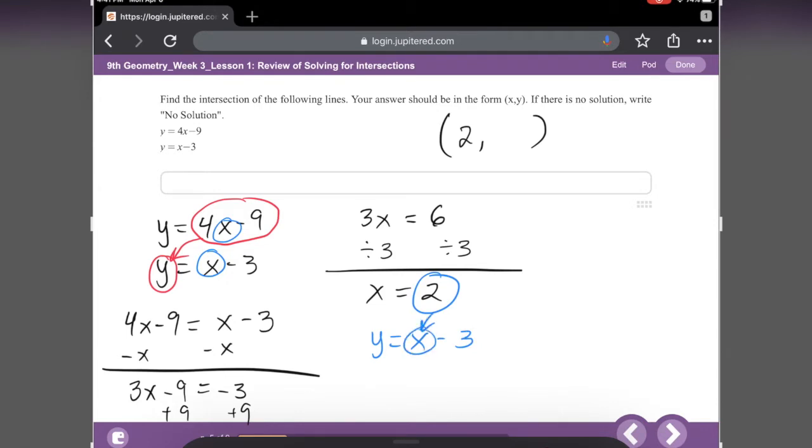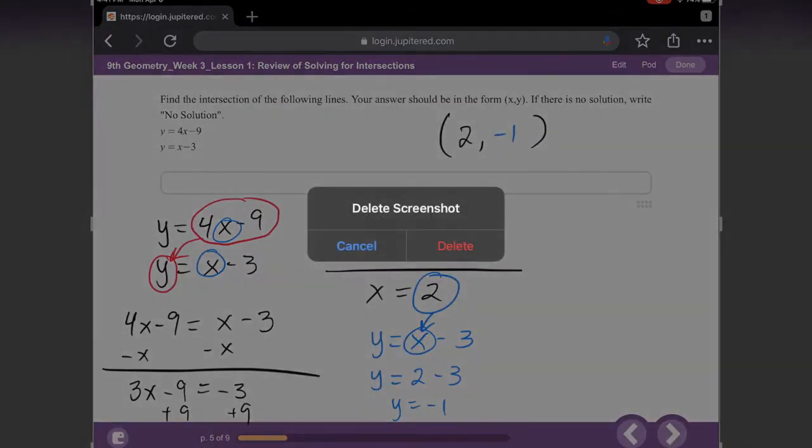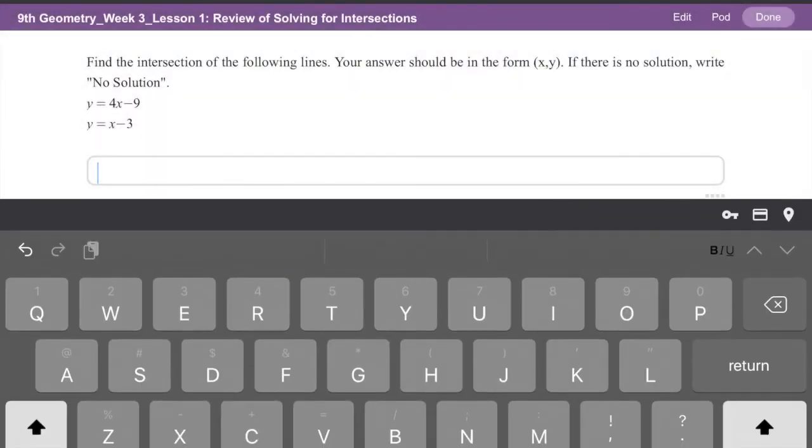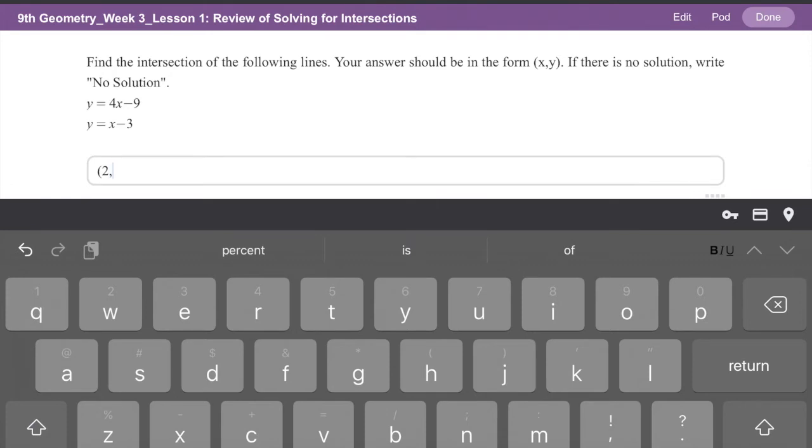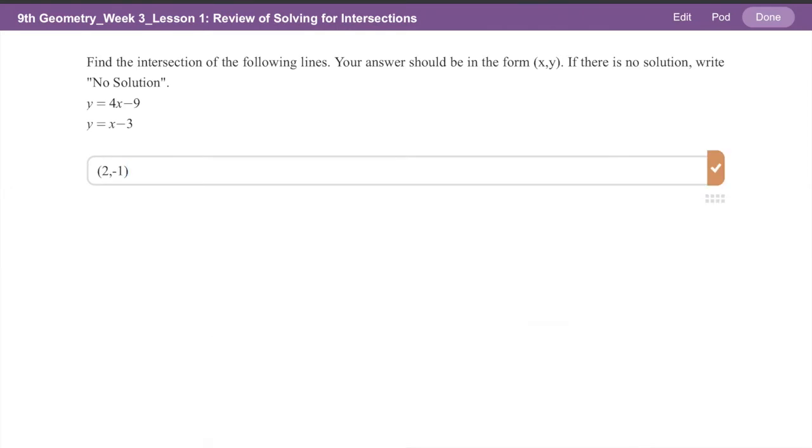Replace the x with a 2, and now you can figure out what y is. y equals 2 minus 3, so y is equal to -1. That should be our solution, 2 comma -1. All right, let's plug that in. So we have 2 comma -1. Sorry, using this keyboard on the iPad is a little clunky. Okay, there we go.